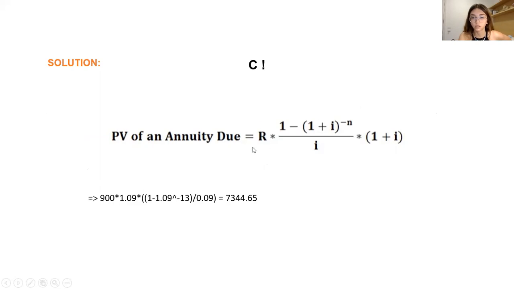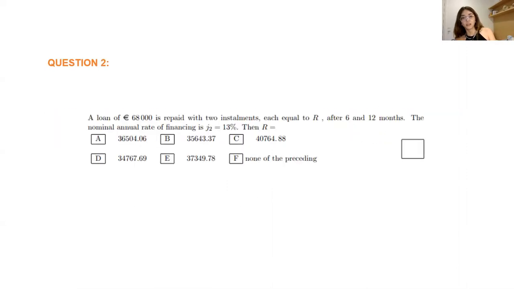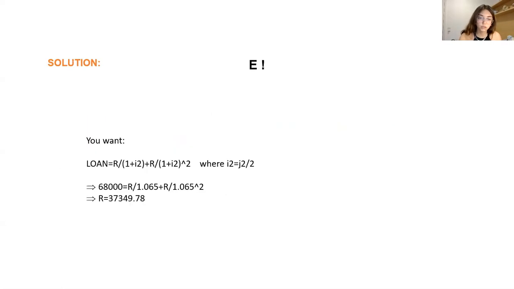R is the installment, so 900. Then you multiply by 1 minus 1 plus i, that here was 9%, to the power minus 13, divided by 0.09. And it's equal to C. Answer C.